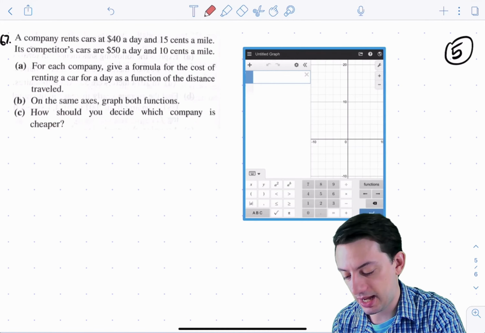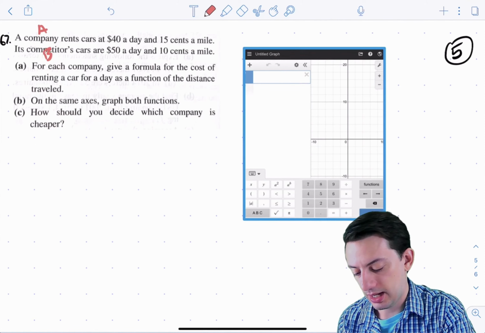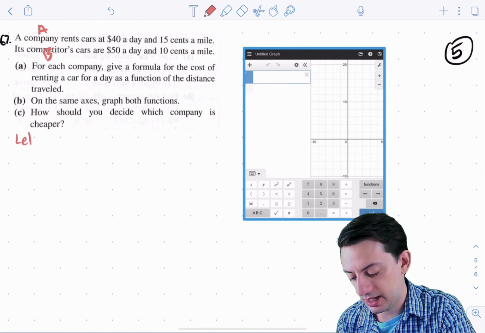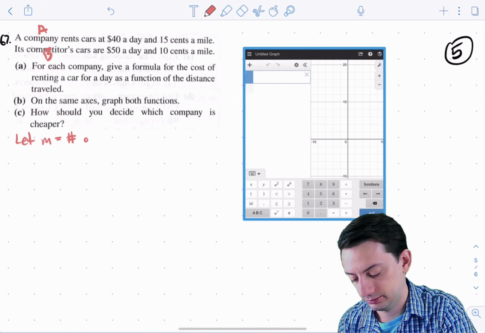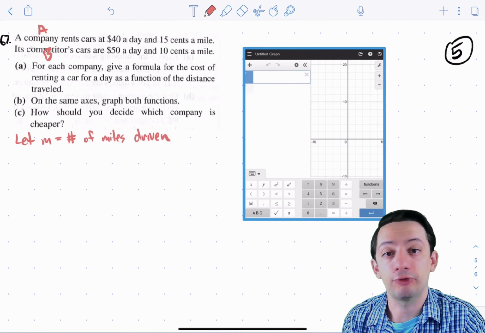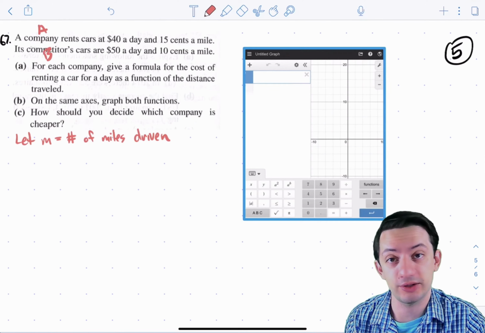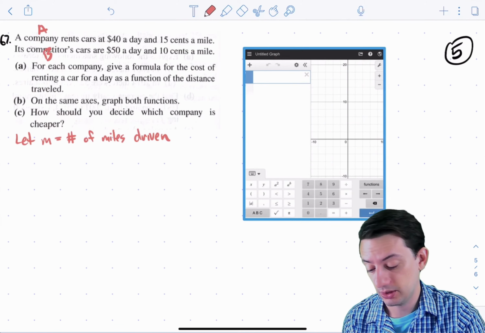Let's call them Company A and Company B. And let's say let M be the number of miles driven. Before we write our functions, we have to specify what they all mean. This is really important, otherwise your functions don't have any meaning at all.